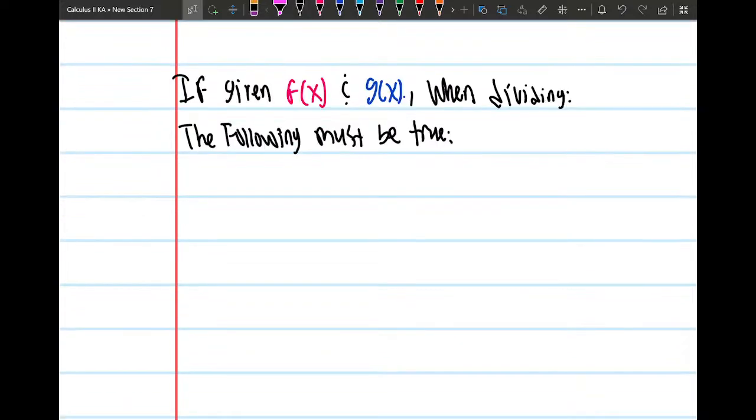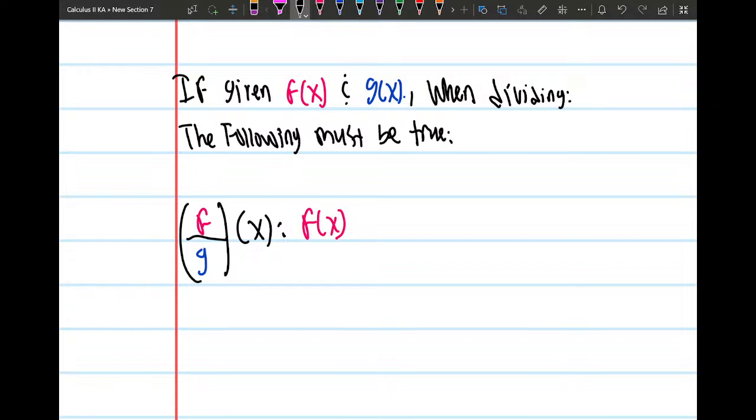So f over g of x is equal to f of x over g of x.